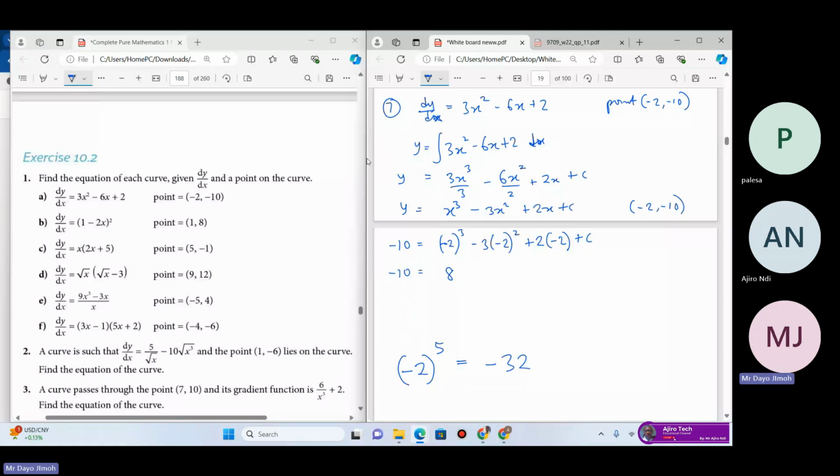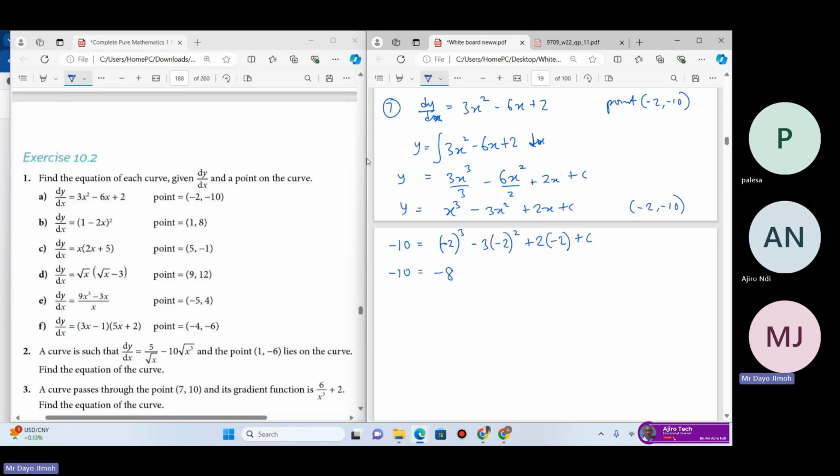Minus 2 raised to power 6 is going to be 64, no matter the sign, because the power is even. So with this one, will it be positive 8 or minus 8? Negative. Good, it will be negative 8.